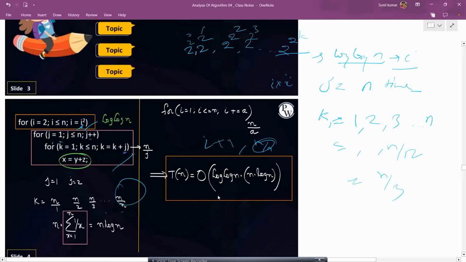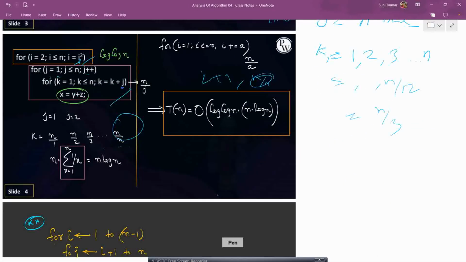So how can we solve that? Because this is n times the sum for x equal to 1 to n of 1 by x. It becomes log n, we already know this is log n, so it is n log n.